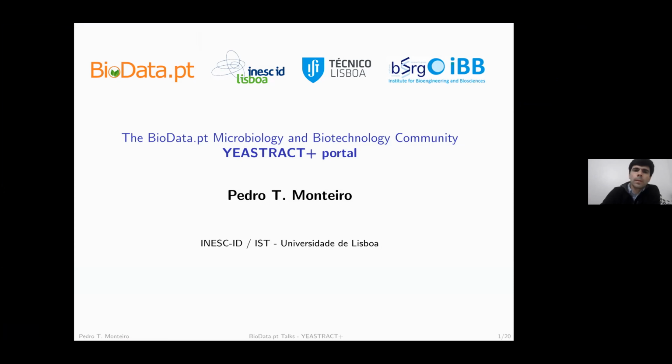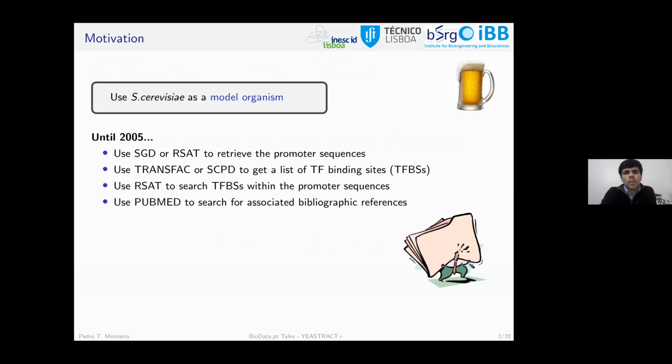I will give a more historical perspective, and at the end I will show a bit of the recent developments of YEASTRACT. We started to study Saccharomyces cerevisiae, since it's a model organism and it's quite well studied.